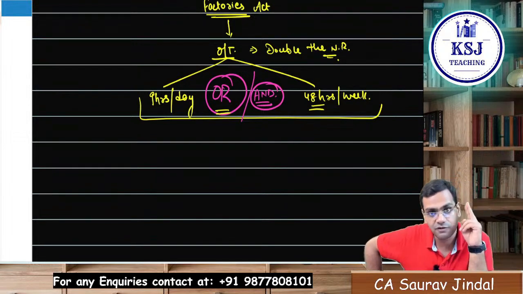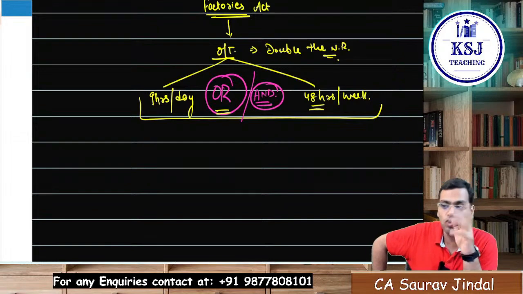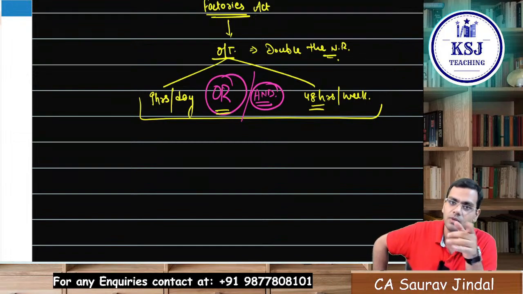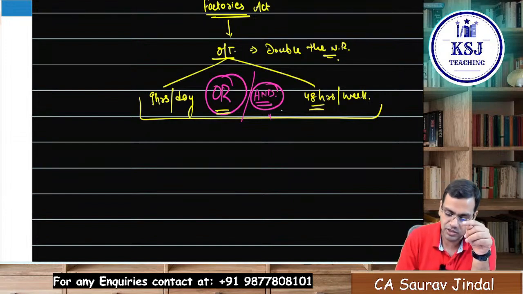He should be working for more than 9 hours and he should be working for more than 48 hours. Only then, if both the conditions are satisfied, will you pay the overtime, and overtime is to be paid at double the normal rate. That was the same condition. Illustration number 4 was solved by this "and" condition.